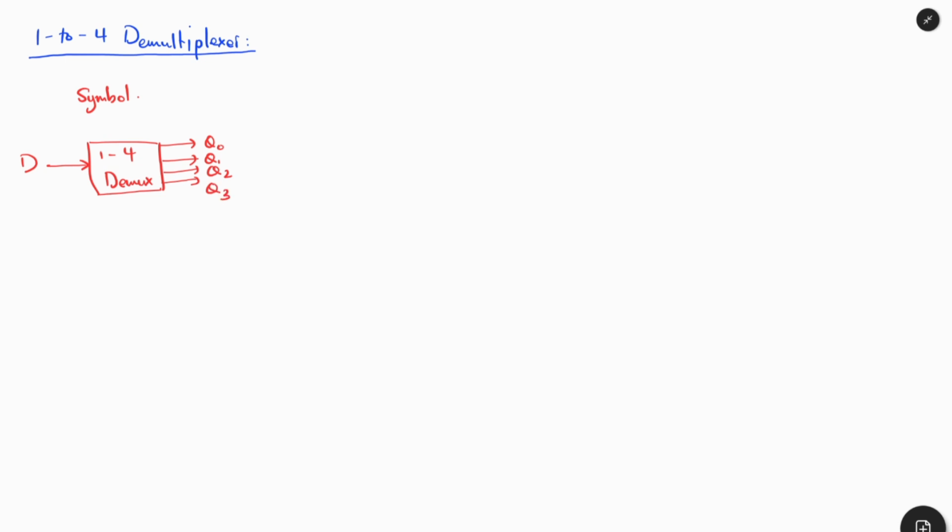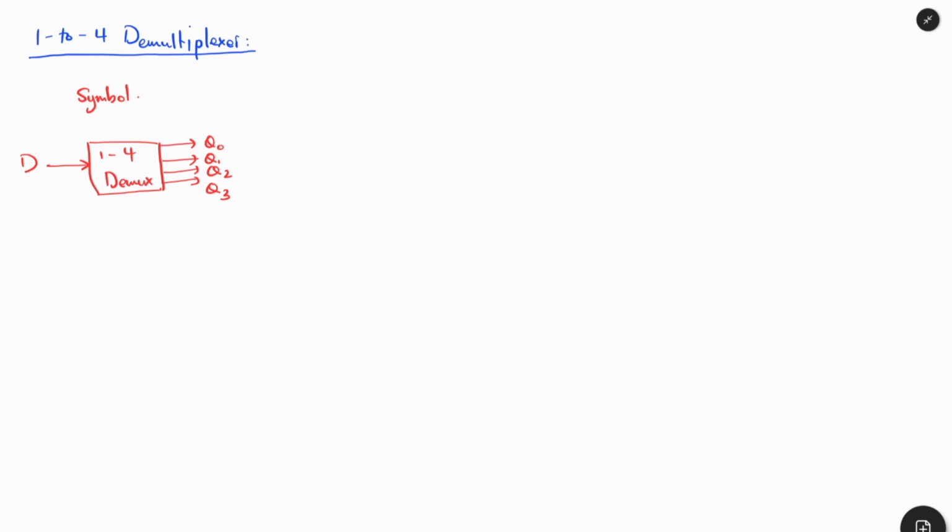The Q0, Q1, Q2, and Q3 can be regarded as channels to a specific digital system. And the data represents the information that needs to be transmitted to each of these data lines Q0, Q1, Q2, and Q3.